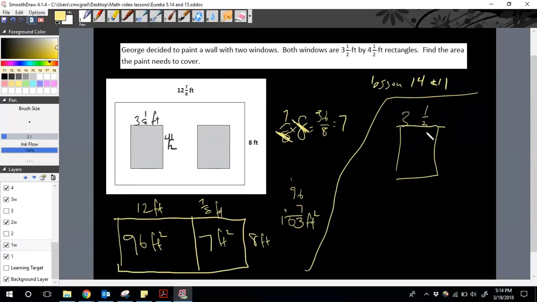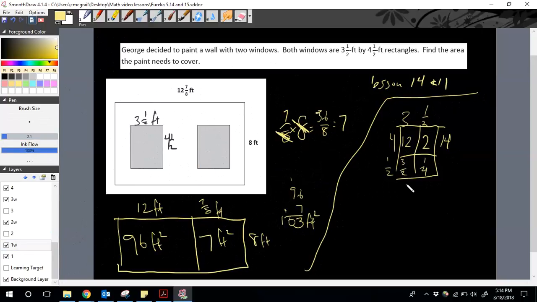3 1/2, split it, and this is going to be 4 1/2. 3 times 4 is 12. 4 times 1/2 is 4 halves, or 2. 3 times 1/2 is 3 halves, and then 1/2 times 1/2 is 1/4. So I know that 12 plus 2 is 14.